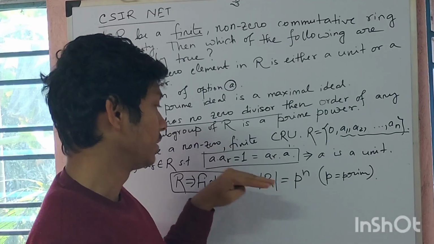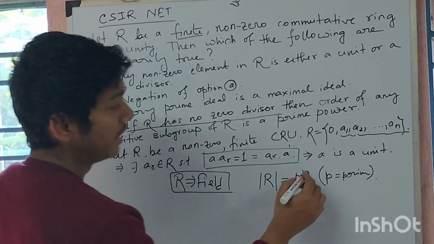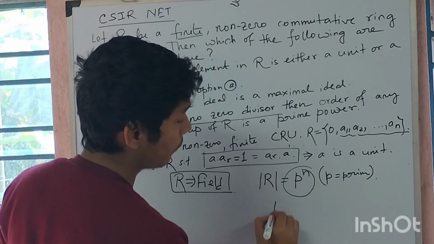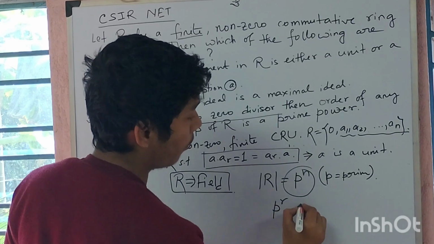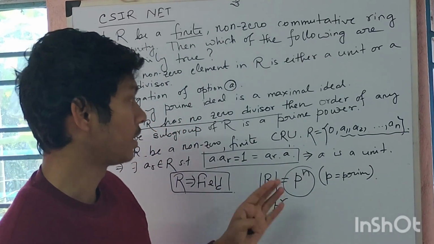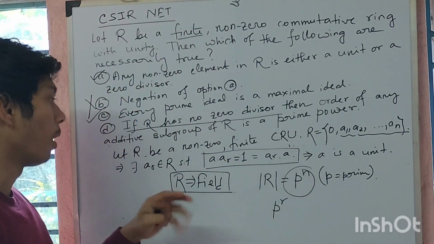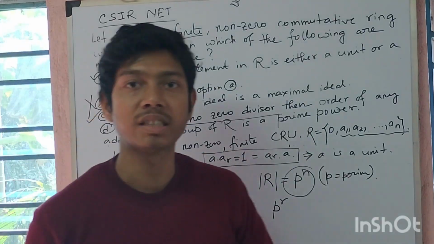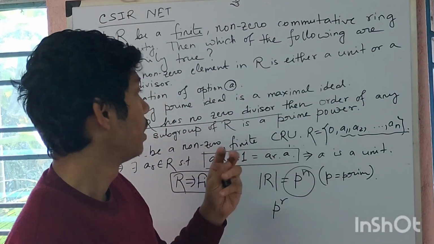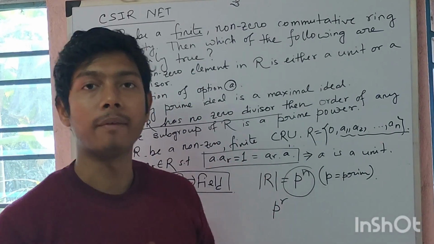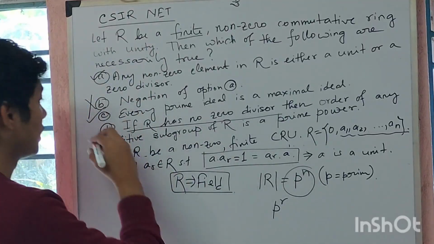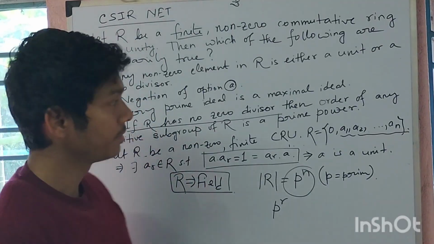And that's why its subgroup is always of order p to the power r for some r. So the subgroup of R with respect to addition has prime power order. So option D is also correct.